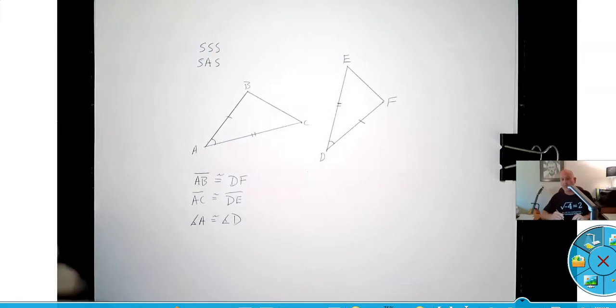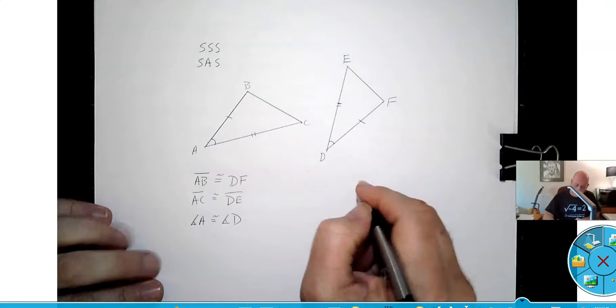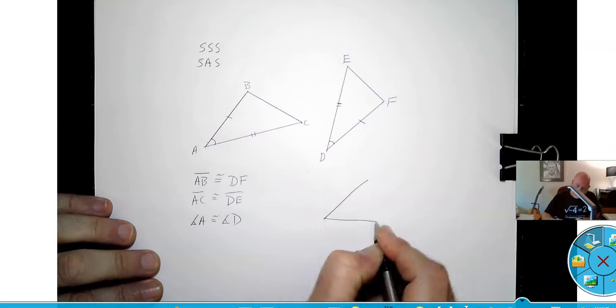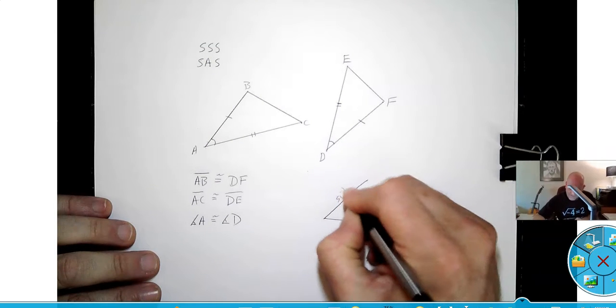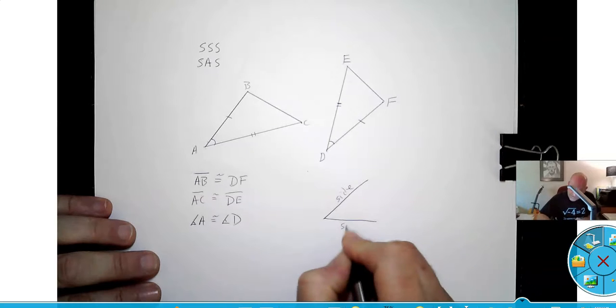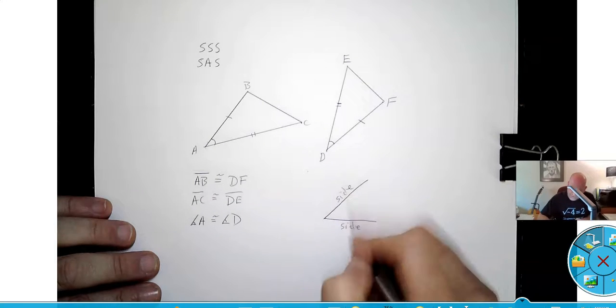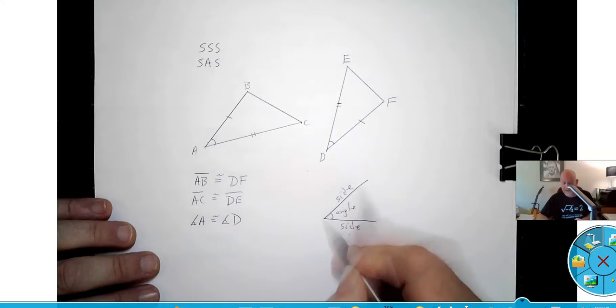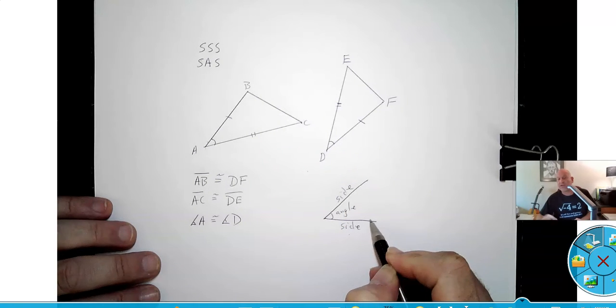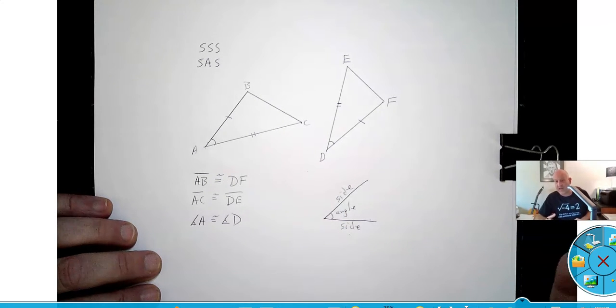Now, keep in mind with side, angle, side, the way this has to be organized, they have to be in this configuration. You have to have a side, another side, and these are the two that you know, and then you know the angle between them. The angle that the two sides make with each other. So that's what side, angle, side looks like.